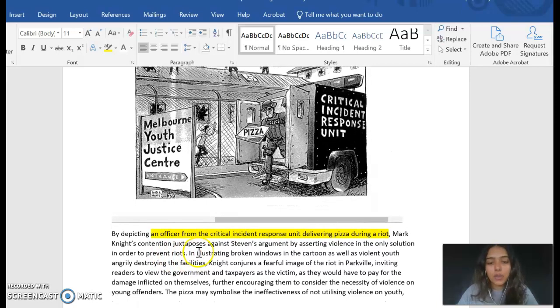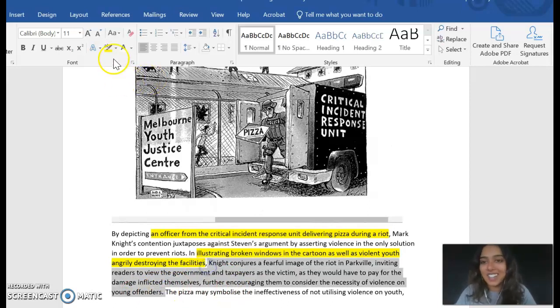In illustrating broken windows in the cartoon, as well as violent youth angrily destroying the facilities, that's one element of this image, Knight conjures a fearful image of the riot in Parkville, inviting readers to view the government and taxpayers as the victim, as they would have to pay for the damage inflicted on themselves. Damage inflicted, that's meant to be themselves, further encouraging them to consider the necessity of violence on young offenders.